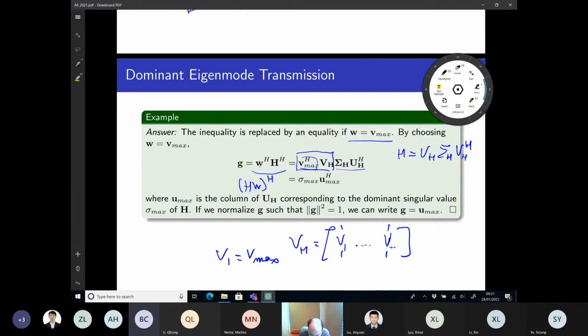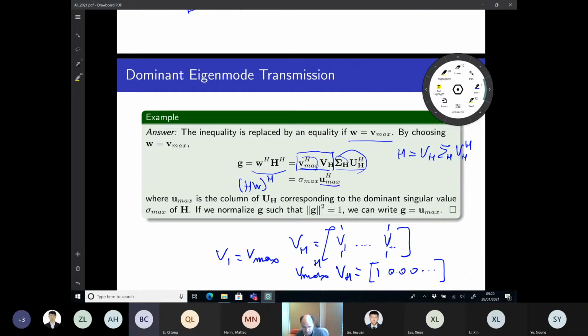So when I do the inner product of Vmax Hermitian with V_H, the inner product of Vmax with V1 gives 1. And then the others will be equal to 0 because Vmax is orthogonal to all the other eigenvectors. So we're going to have a vector of 1 and then zeros, right? A vector of 1 and zeros multiplied by these quantities will be equal to the dominant singular value of sigma H, the first one, multiplied by the dominant left singular vector of H, and that's this.